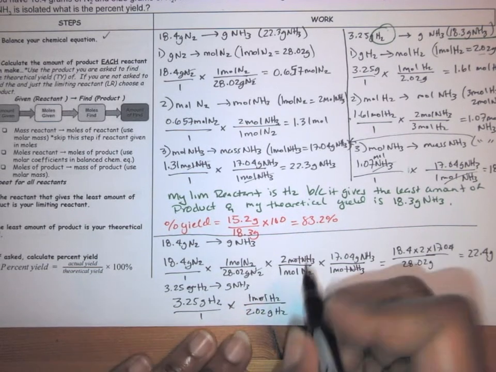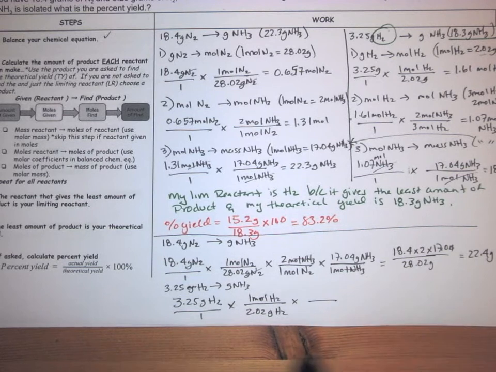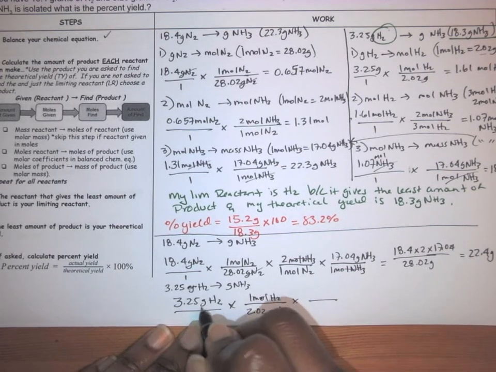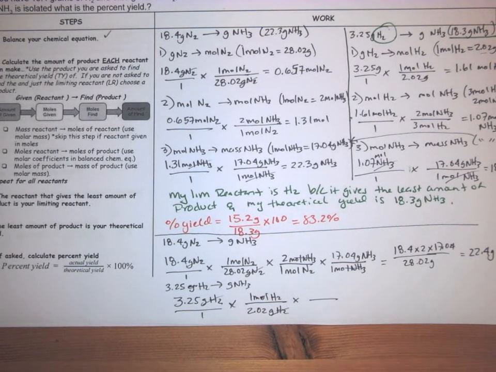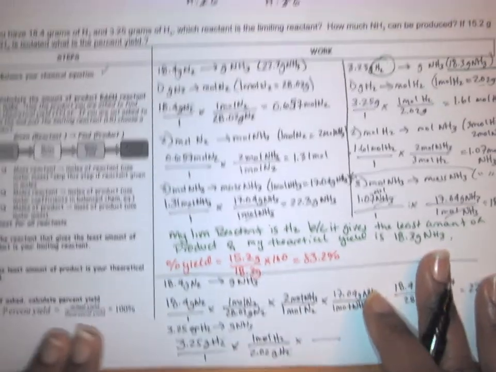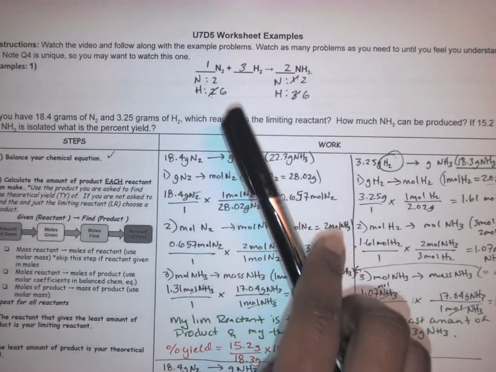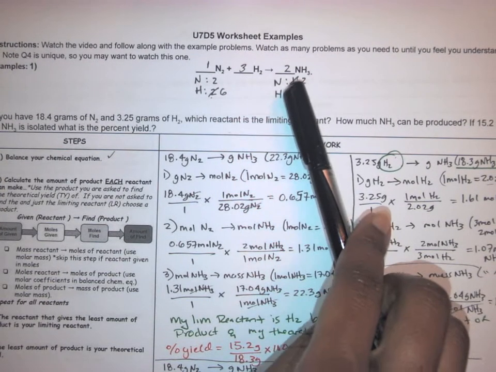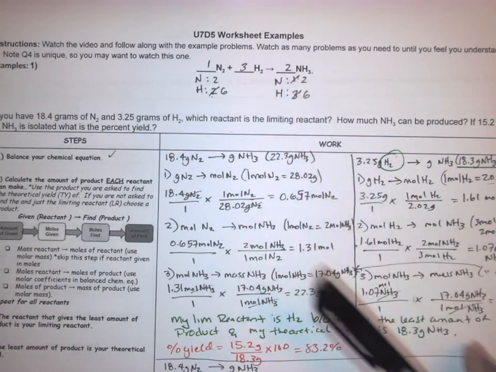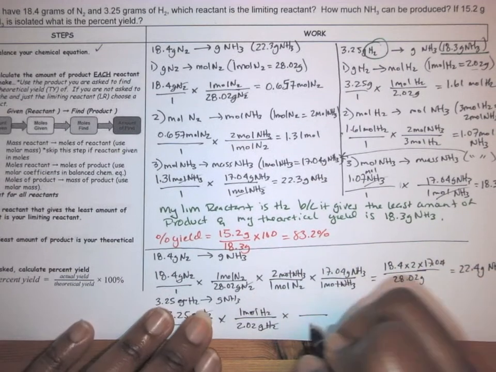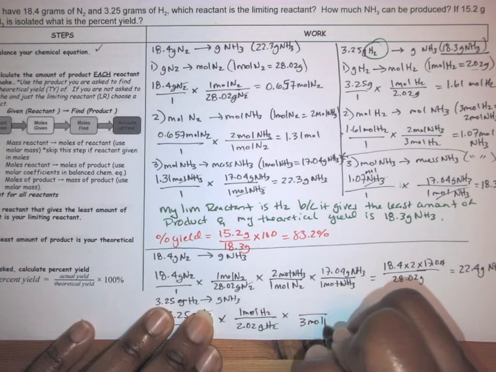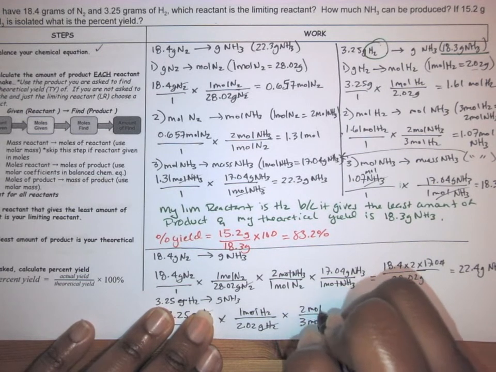because 1 mole of H2 weighs that amount. Now we convert from moles of H2 to moles of NH3, and for that we go to the balanced chemical equation. H2 has a coefficient of 3, NH3 has a coefficient of 2. So 3 moles of H2 go on the bottom, 2 moles of NH3 go on top.